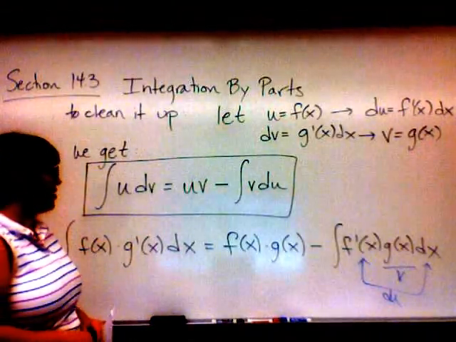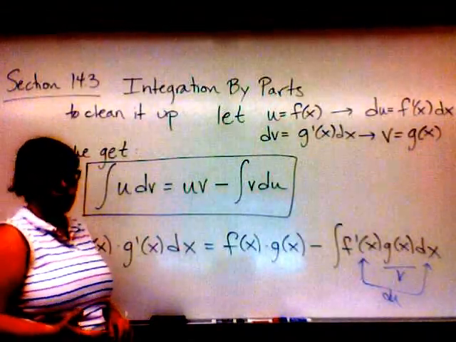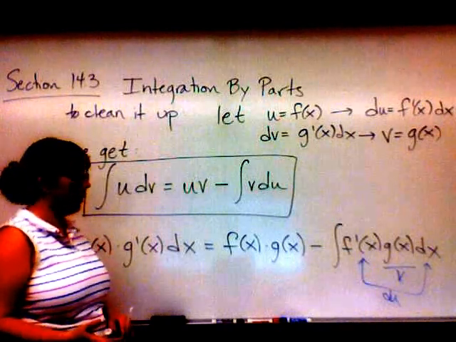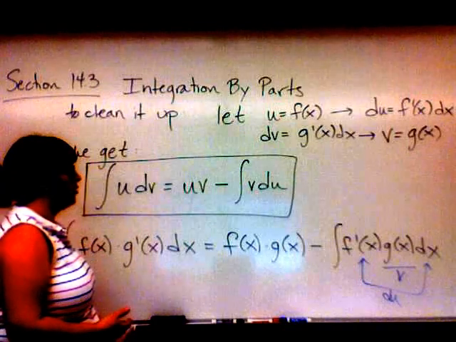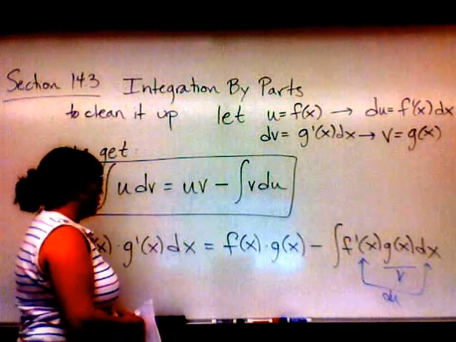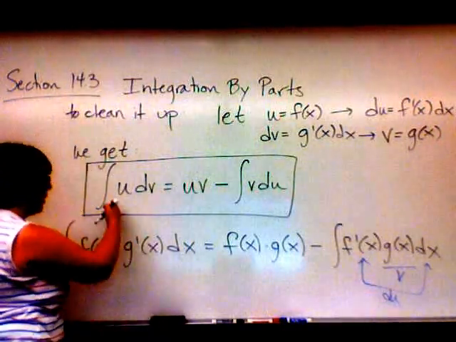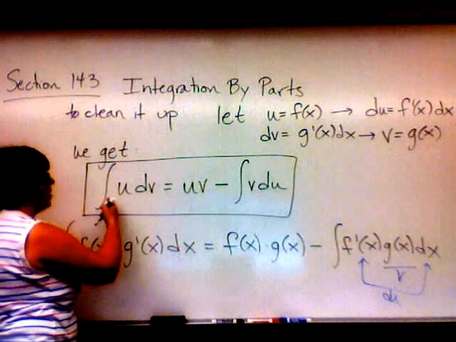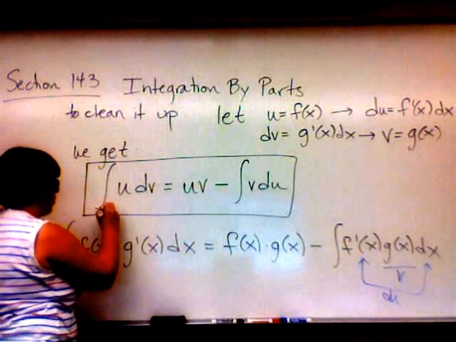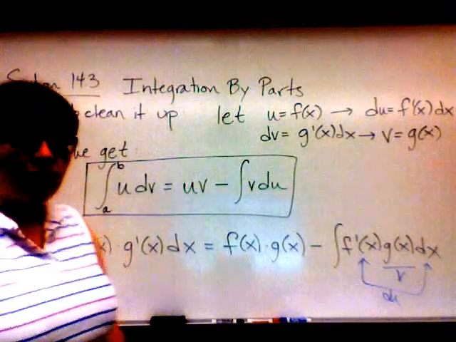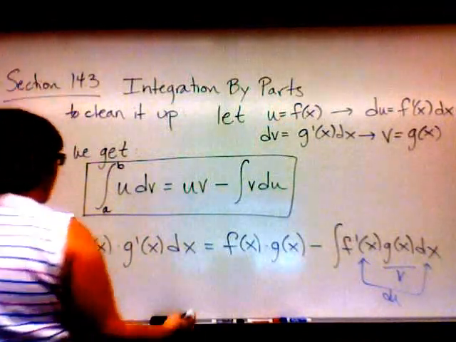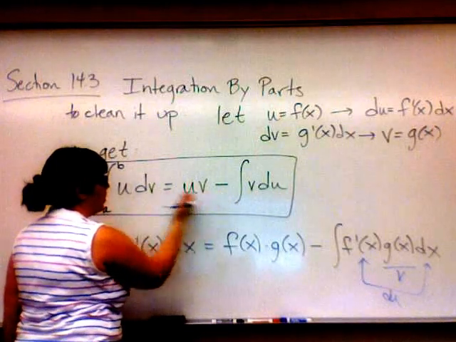A note here to say is that just like with substitution and we were able to apply it to definite integrals, the integration by parts technique can also be applied to definite integrals. For example, if I had limits of integration on here in this integration by parts formula, if I, for example, said go from A to B here, right, then what I need to do is simply remember that these two sides are equal.